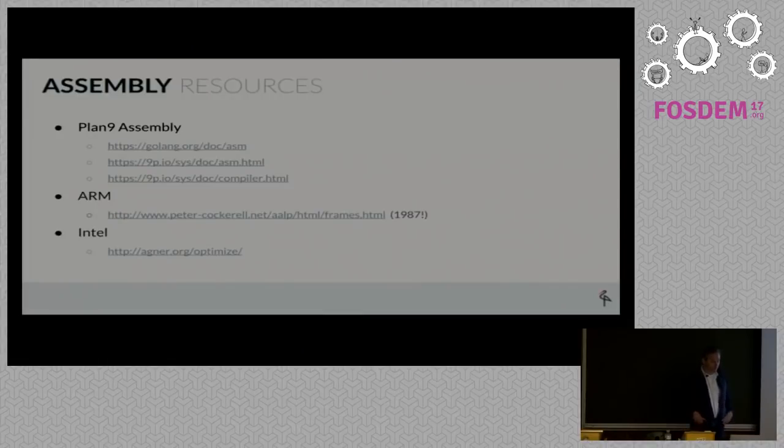If you look at some resources that we have out there, as maybe some of you know, some of the origins of the Go architecture and work go back to the whole Plan 9. Work on that has been done, and some of the assembly still originates back to that.